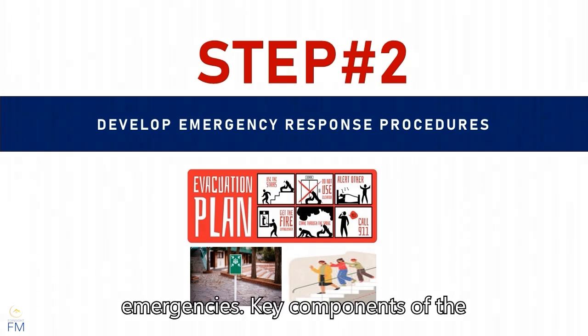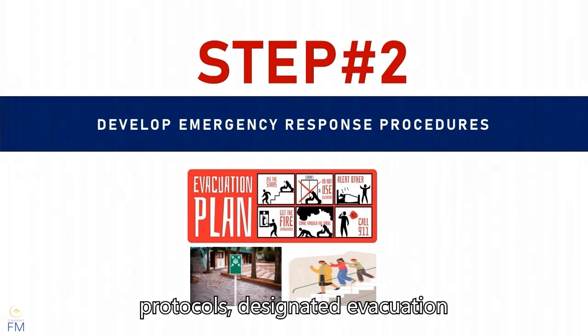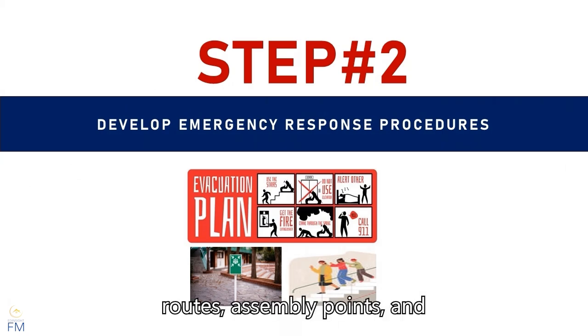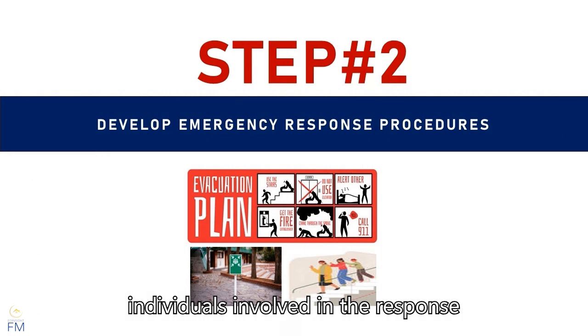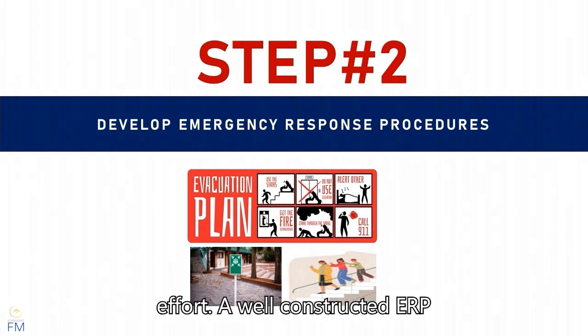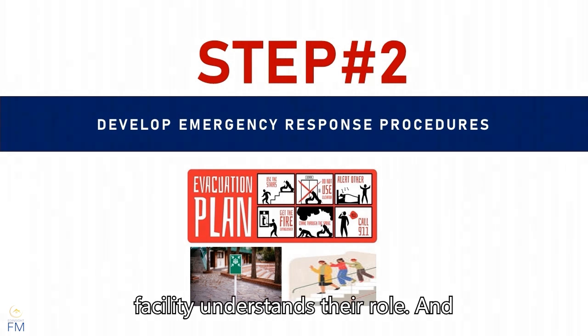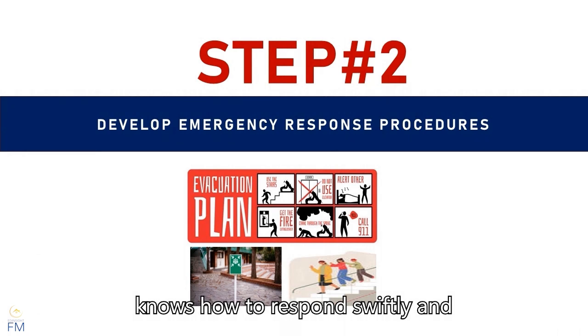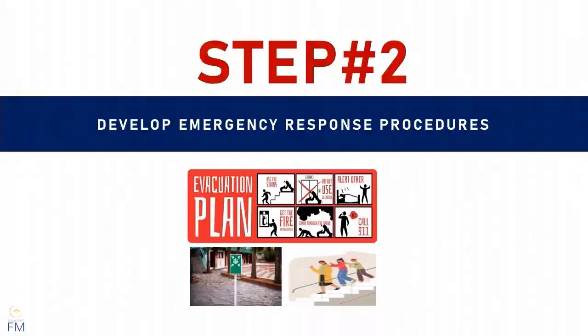Key components of the plan include clear communication protocols, designated evacuation routes, assembly points, and specific roles and responsibilities for individuals involved in the response effort. A well-constructed ERP ensures that everyone within the facility understands their role and knows how to respond swiftly and effectively in the face of an emergency.